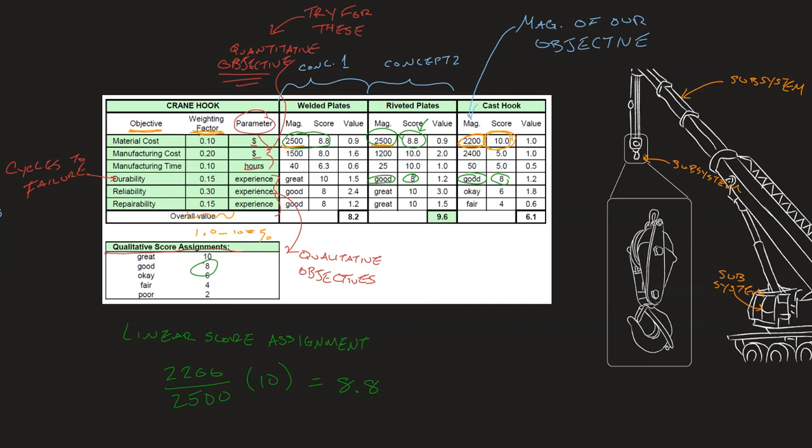Now that I have a score for each one of my concepts, what I need to calculate is my value for that objective as it contributes to my total weighing factor.